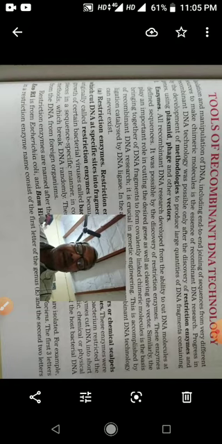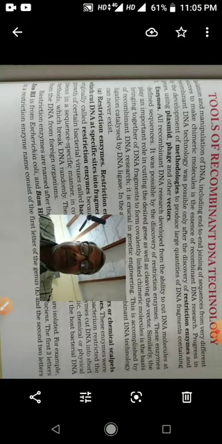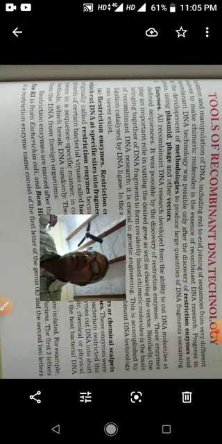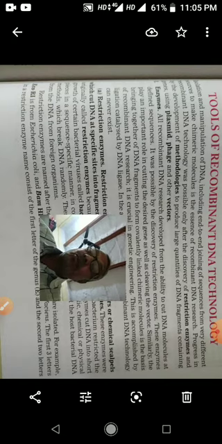Plasmids do not carry vital genes, but their presence makes the bacterial cell resistant to specific antibiotics. Plasmids were discovered by William Hayes and Joshua Lederberg in bacterial cell.